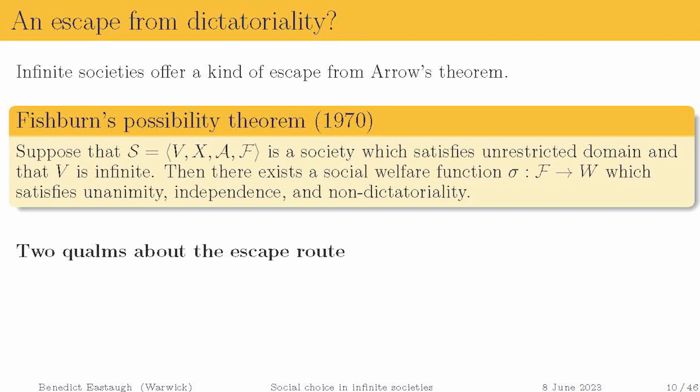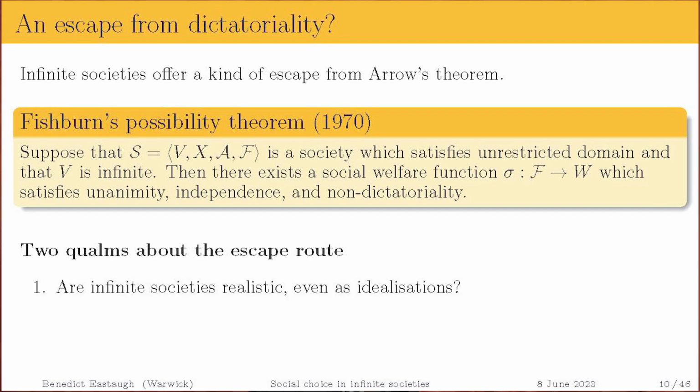I'm just going to mention 2 basic qualms about this escape route. The first one is obviously, are infinite societies realistic in any way? Are they useful as some kind of idealization or abstraction of a political or economic situation?